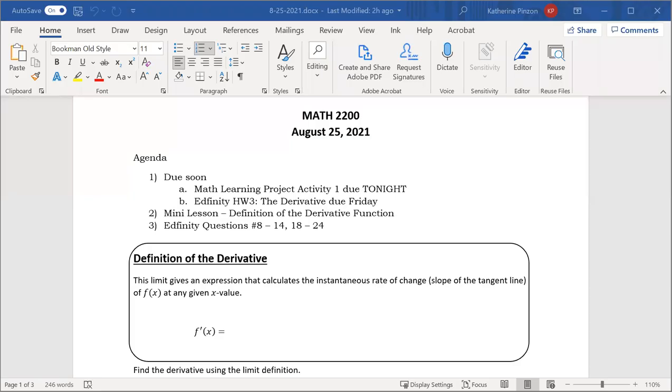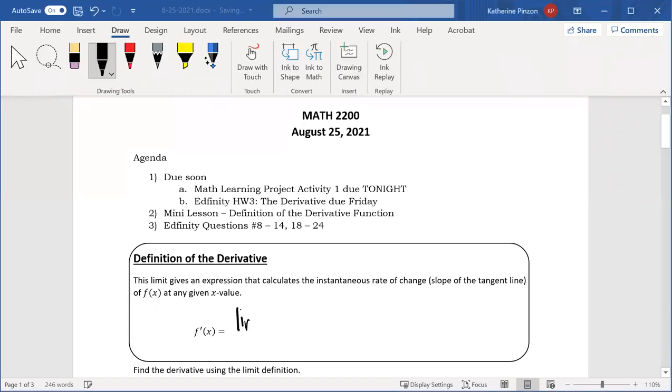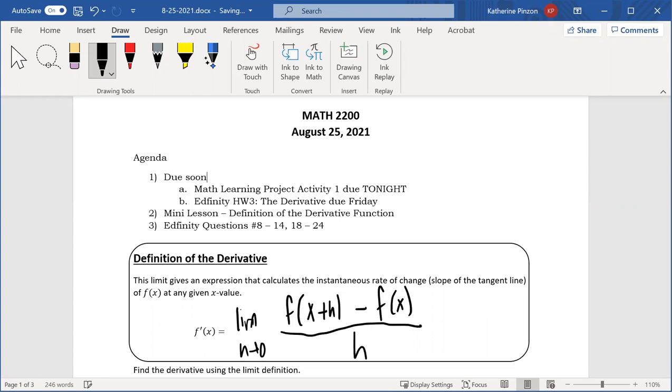And so I do that again by taking a limit. And so the limit that I'm going to do is the limit as h approaches 0. Instead of putting in a particular value of a, I'm going to say do it for any x value.